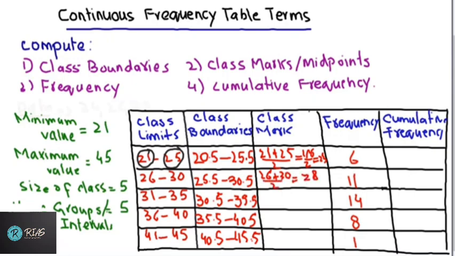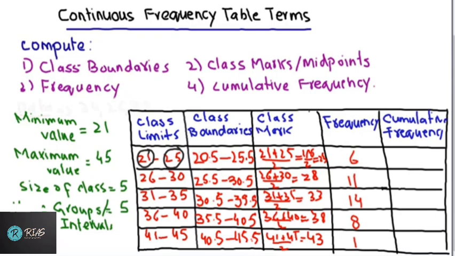Then 31 plus 35 divided by 2 equals 33. Then 36 plus 40 divided by 2 equals 38. And the last is 41 plus 45 divided by 2, which equals 43. So this is how you can calculate the class mark or midpoints of the given class limits.